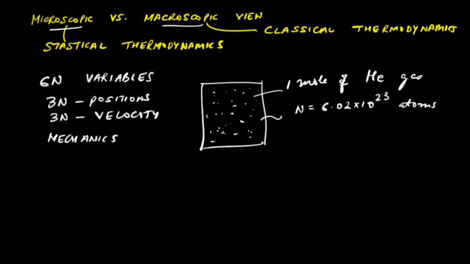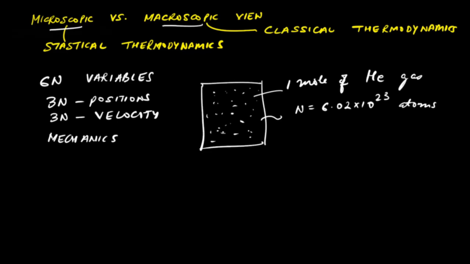If we can do that modeling, then we have 6N variables to solve for, and we can get the right equations of motion from laws of mechanics using these interaction forces, and then we can solve for the positions and the velocities of all the particles within the tank, and theoretically that is possible.